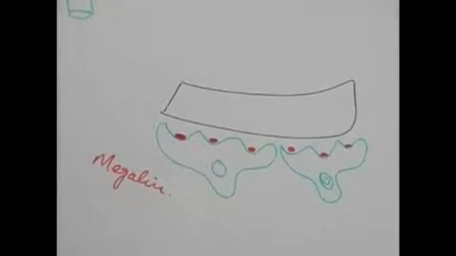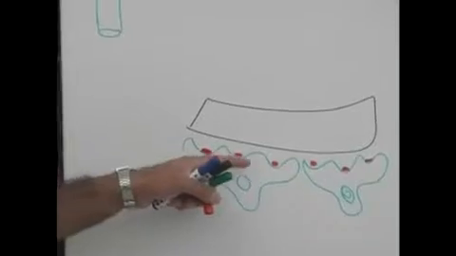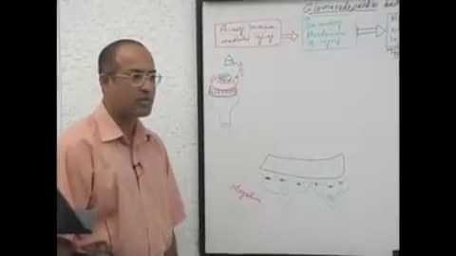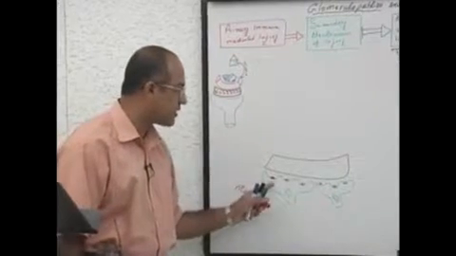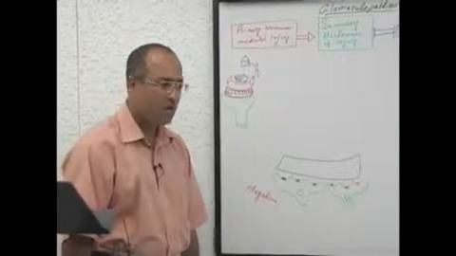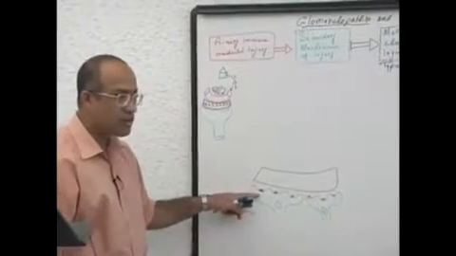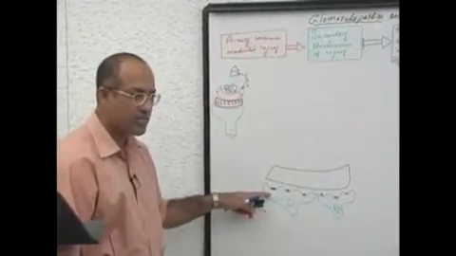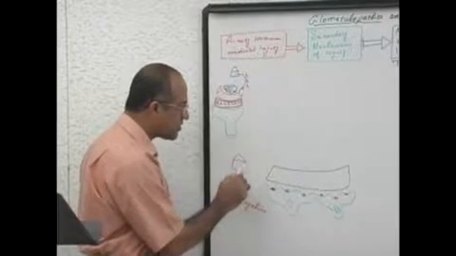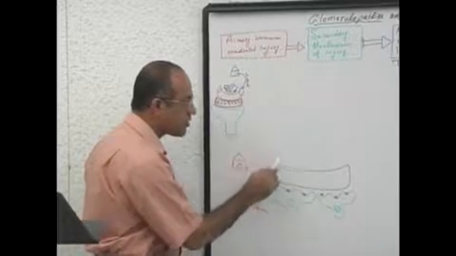In some patients, megalin proteins become immunogenic. It means our immune system develops capacity to make antibodies against megalin. Is that right? Now, megalins are also our intrinsic antigen.